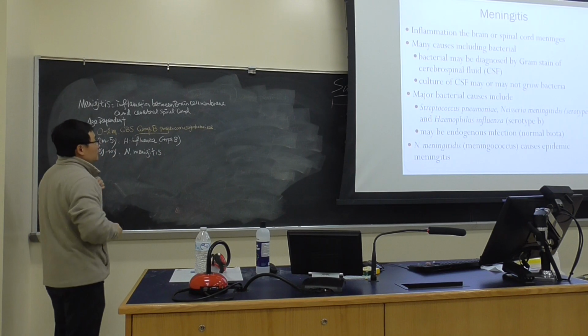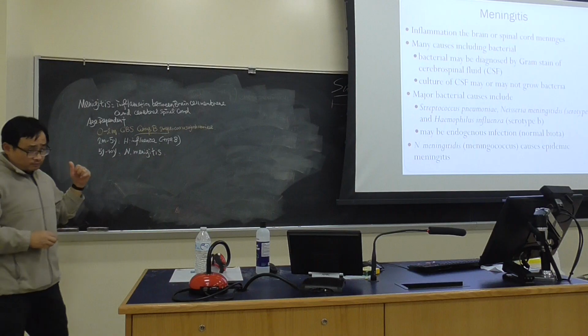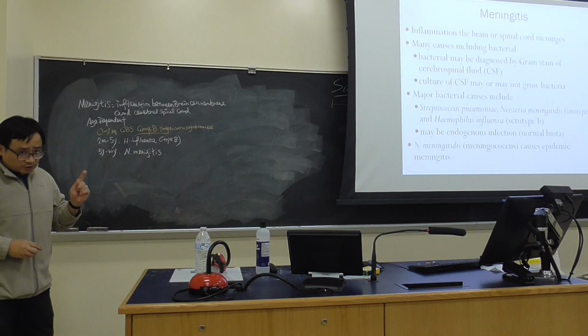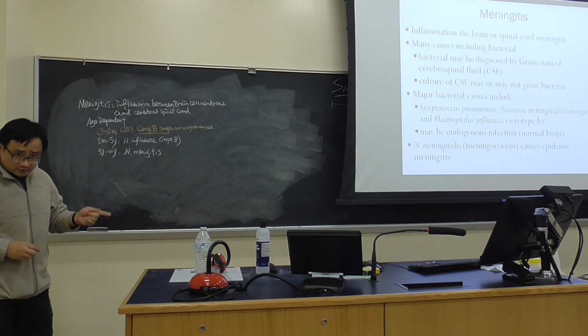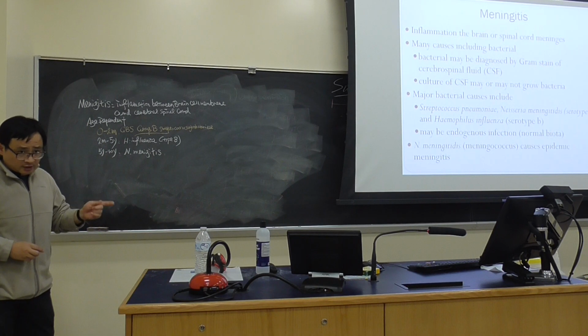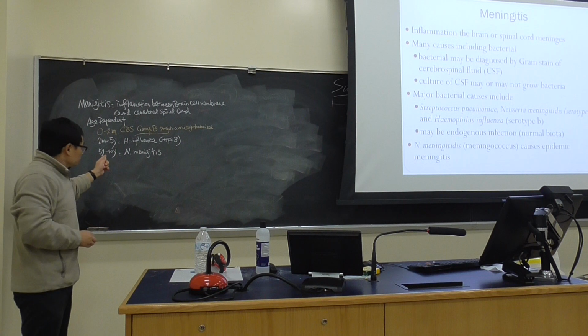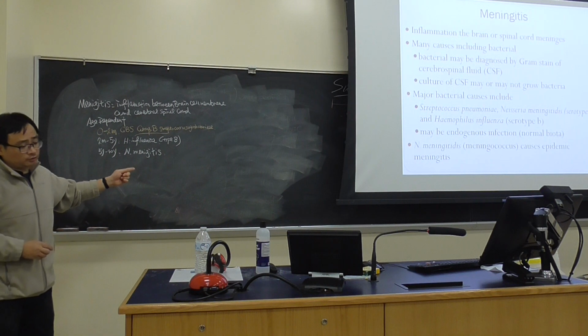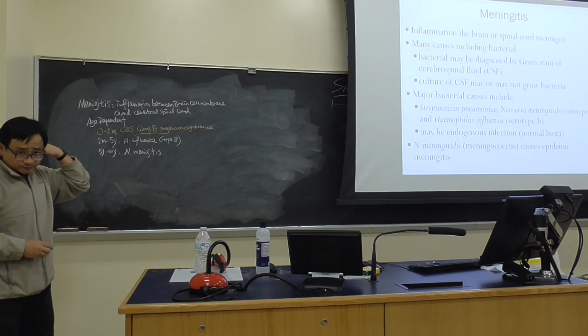And be very careful about that. Meningitis symptoms: you have a headache, you may have vomiting, you may be sleepy, you may be scared of the light, which is photophobia. Another symptom, don't forget, is a stiff neck.